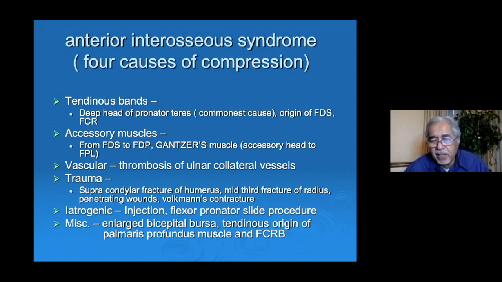This is an important factor to know. Flexor pronator slide procedure can literally cause anterior interosseous syndrome because the muscle, etc., essentially causes scar in that area. In other words, you can also have enlarged bicipital bursa, tendinous origin of the palmaris profundus muscle, and flexor carpi radialis brevis muscle.